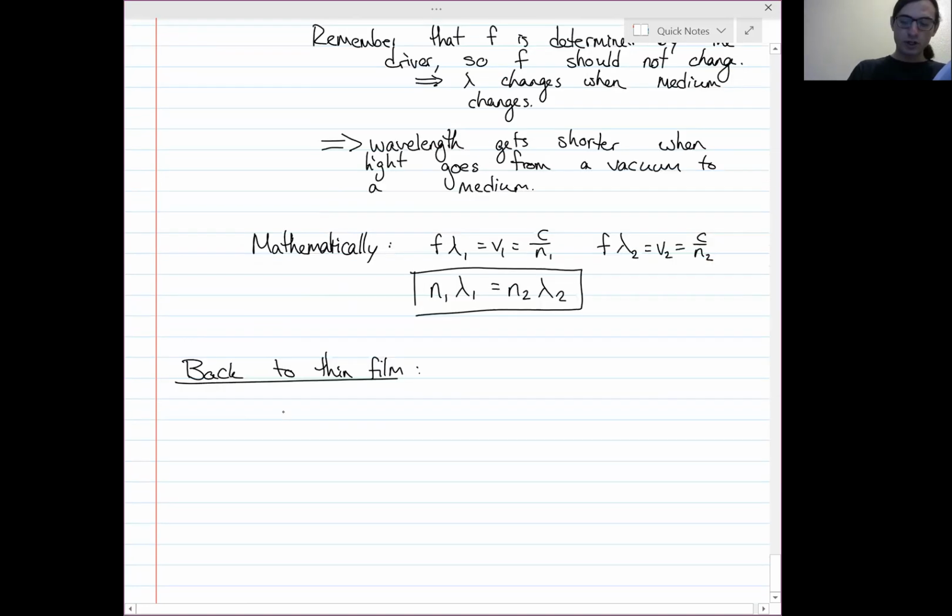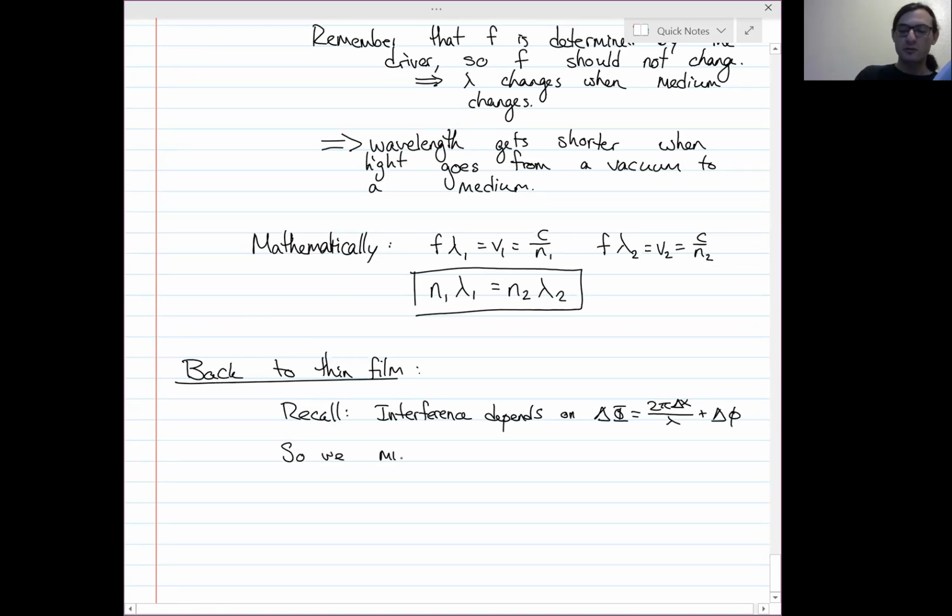So recall that the interference depends on the total phase. Total phase delta phi is 2 pi delta x over lambda plus, and remember we always absorb the delta t into the total change in phase, so we have plus delta phi there. So we have to consider both effects, in this case, for thin films.